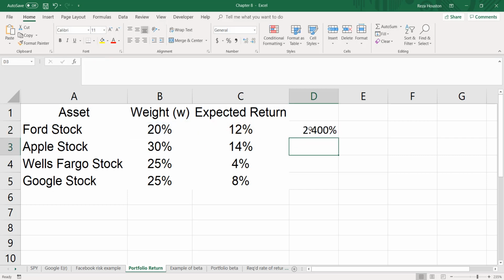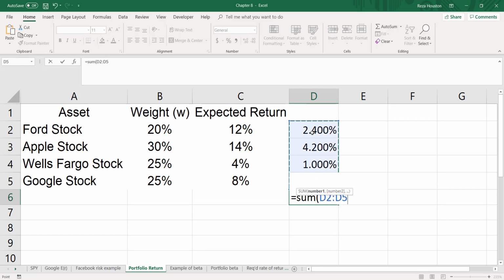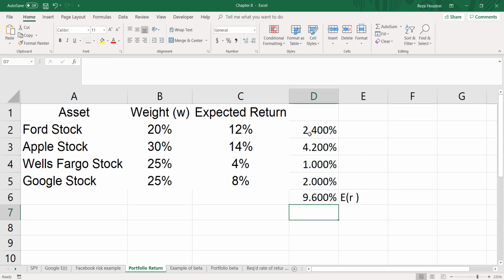I'm going to copy this formula all the way down by clicking in the bottom right-hand corner, and let's get our expected return on this portfolio. We're going to sum up all of these products, and that'll give us our expected return on the portfolio of 9.6%. There we go.